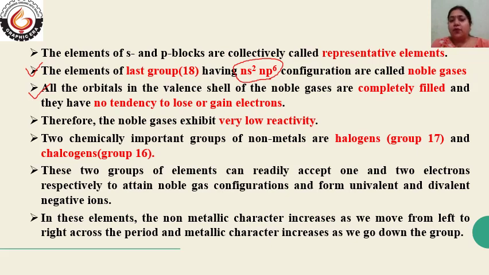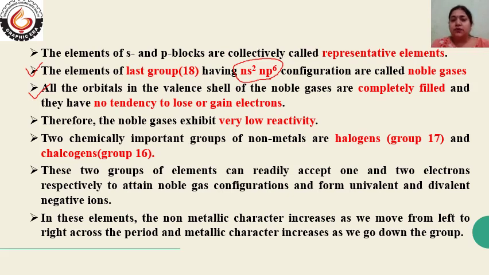Two chemically important groups of non-metals are known as halogens, that is group 17, and chalcogens, that is group 16. Chalcogens is the group which starts from oxygen. So the group having oxygen is known as chalcogens. Similarly, the group which starts from fluorine is known as halogens.